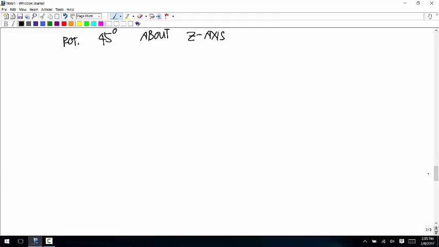Yeah, right. So the rotation matrix then is, this is 45 degrees about the z-axis, 0.7071, negative 0.7071, 0, 0.7071, 0.7071, 0, 0, 0, 1.